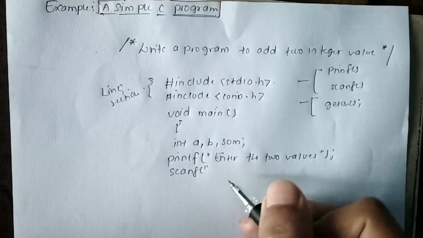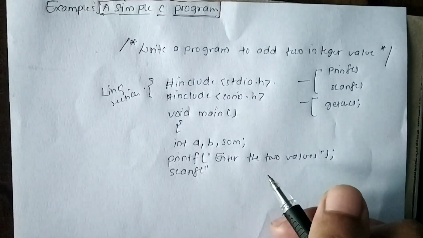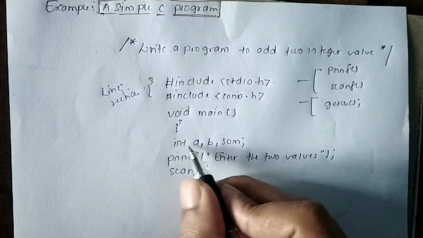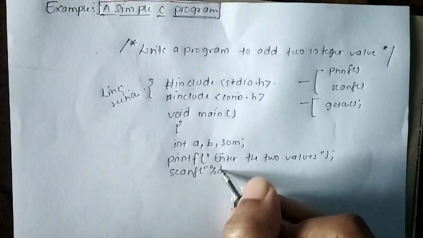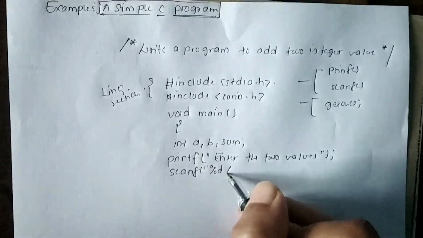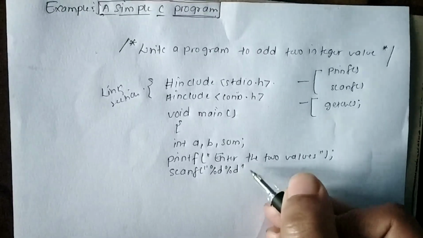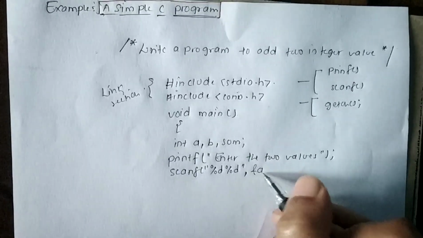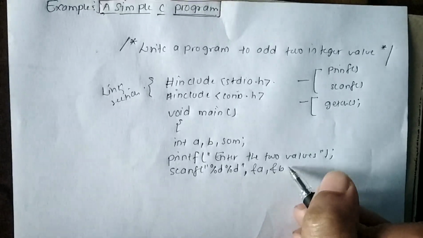The input section, where the two values are input. If there is an integer, then we should write %d for a, %d for b, closing with inverted commas, then &a and &b.